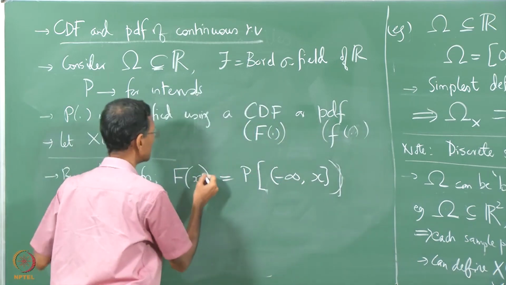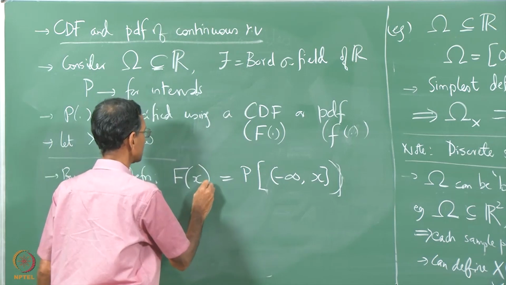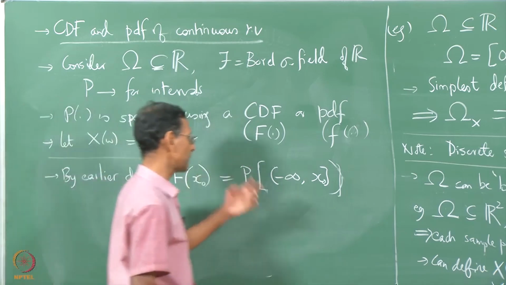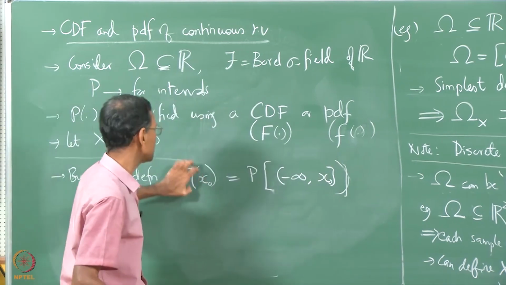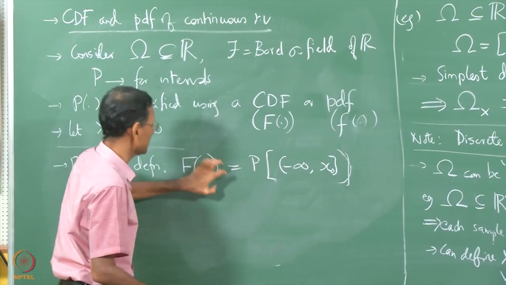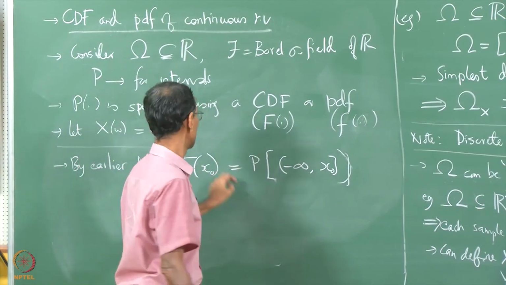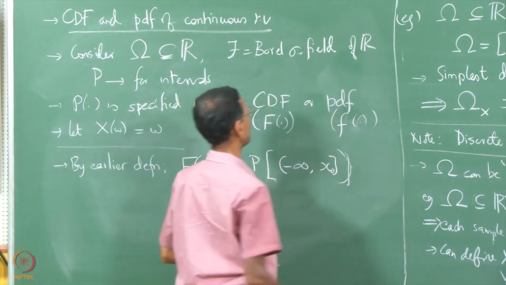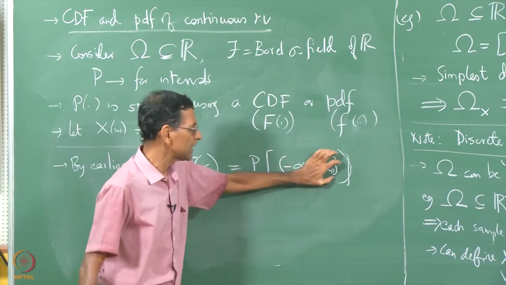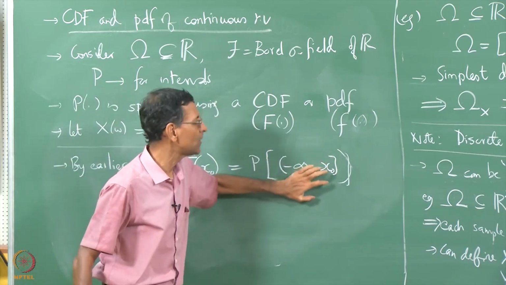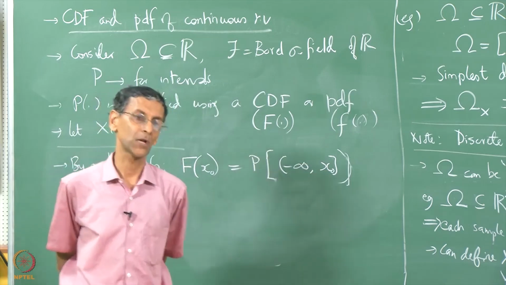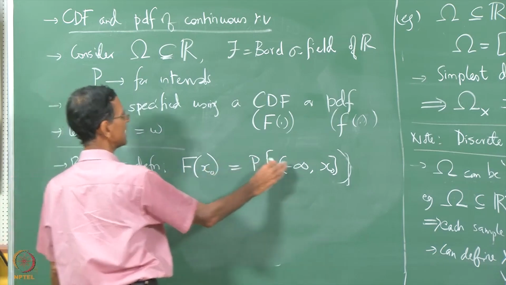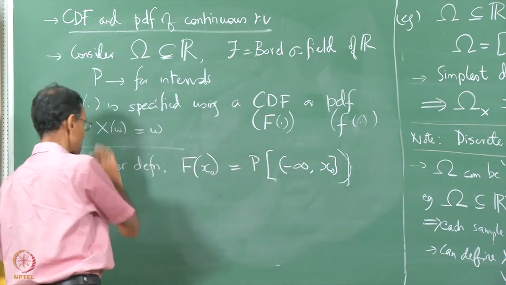To make it even clearer, let me write some x naught here. We can picture the CDF at the number x naught to be the probability that we are assigning to this interval, which is the set of all real numbers smaller than or no bigger than x naught. Okay, so this is the definition of the CDF regardless of, before we even brought in this random variable.